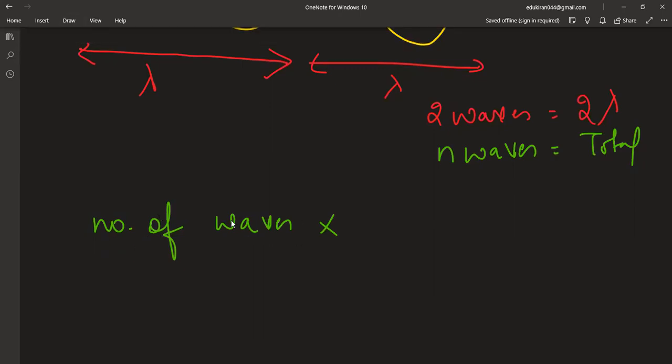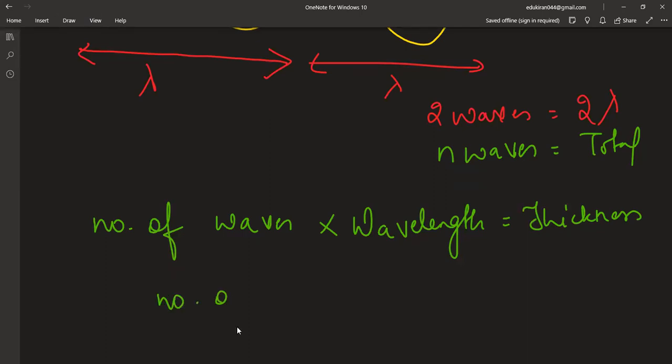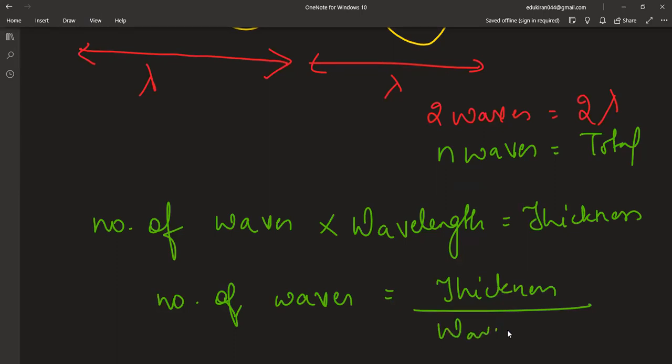Number of waves, 1, 2, 3, 4, whichever, into the wavelength gives the thickness. Thickness means the distance. I'm using the word thickness because it's relatable here. Now see, if I want to write the number of waves, the number of waves will be equal to thickness divided by the wavelength. This is clear at least to all of you.